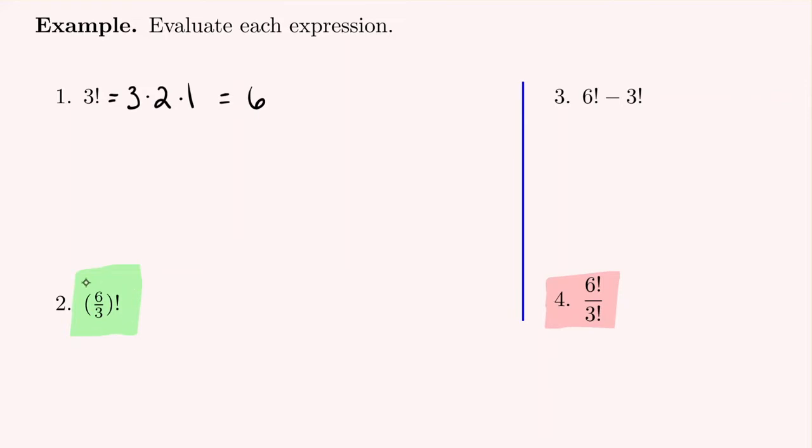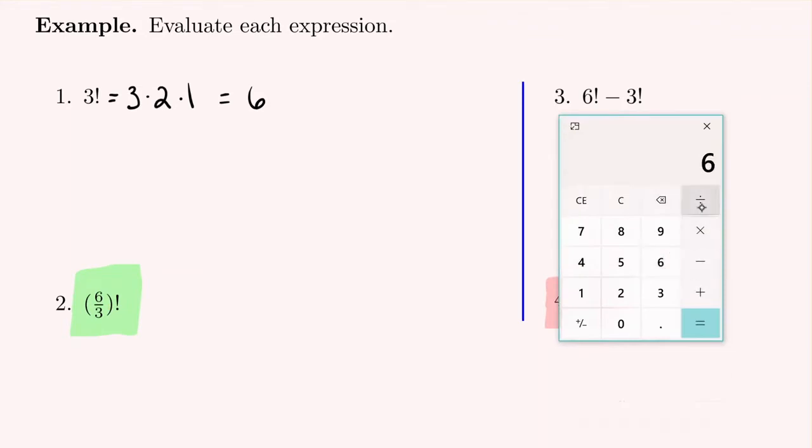An important thing that we need to read in terms of the details shown on example 2 is notice that the 6 divided by 3 is in parentheses, and in mathematics you simplify what's inside parentheses first. This means I need to take 6 and divide it by 3 first before I ever apply the factorial symbol. So what's in parentheses comes first. Now 6 divided by 3 is 2.